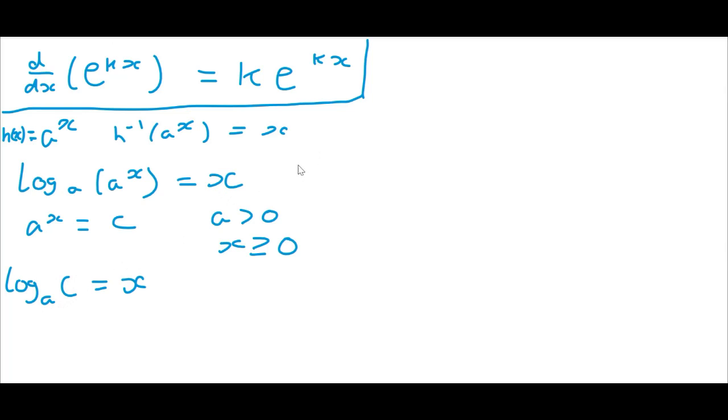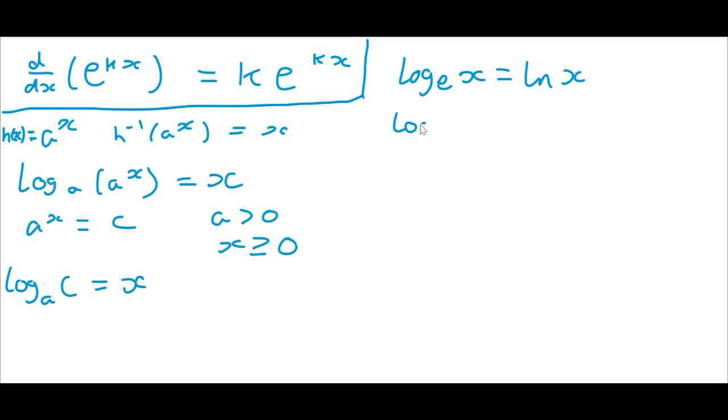A special case is log base e, alright? And log base e of x is denoted ln x. So when you write ln x, that's the same as log base e.